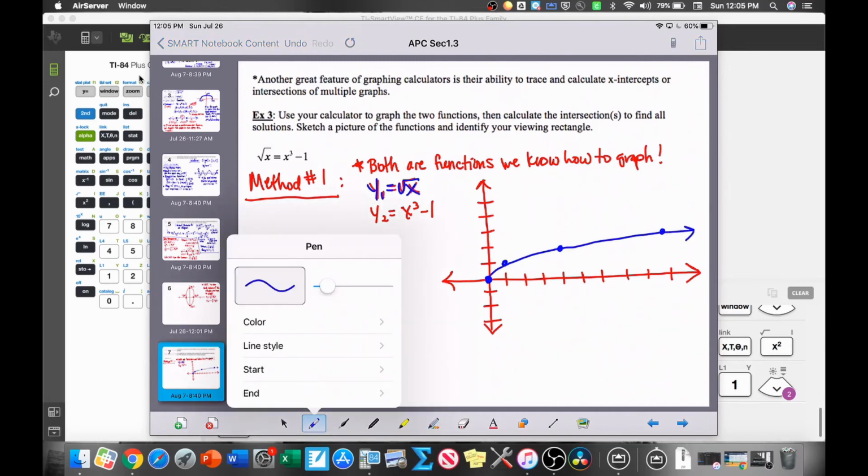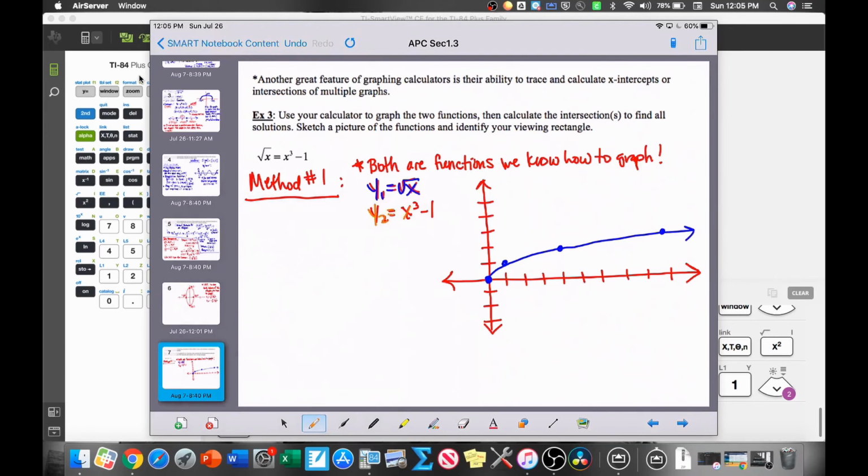And then my second curve, which I'm calling y2, which is x cubed minus 1, that's my standing snake, but it has a shift down 1. So instead of being at 0, 0, it's going to be at 0, negative 1 with a point right there and a point right there. And so this curve looks something like this.